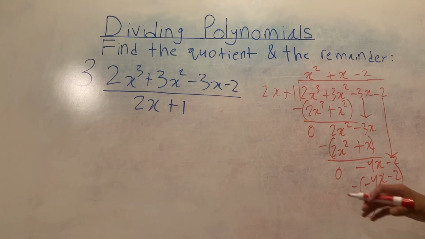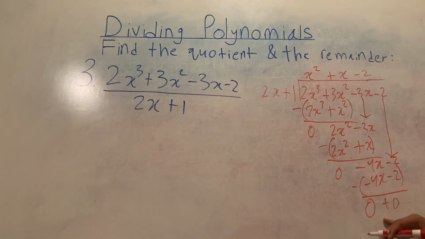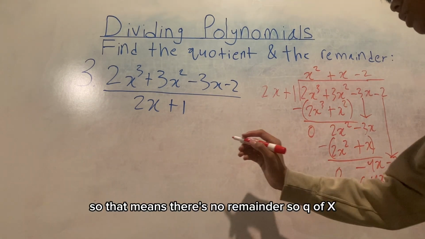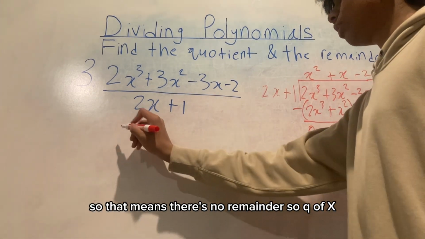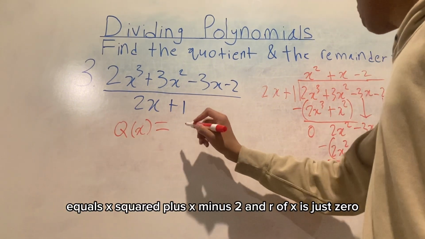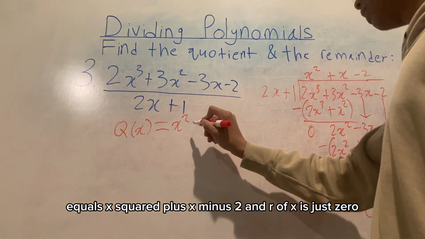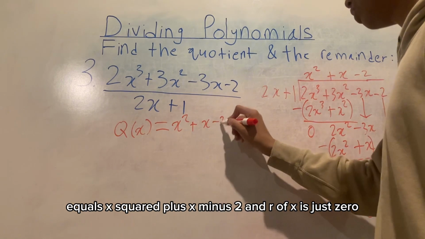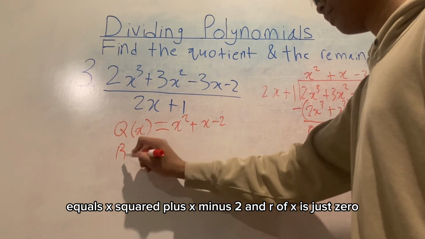So now that means we have a remainder of 0, and we just have a quotient. So that means there's no remainder. So q of x equals x squared plus x minus 2, and r of x is just 0.